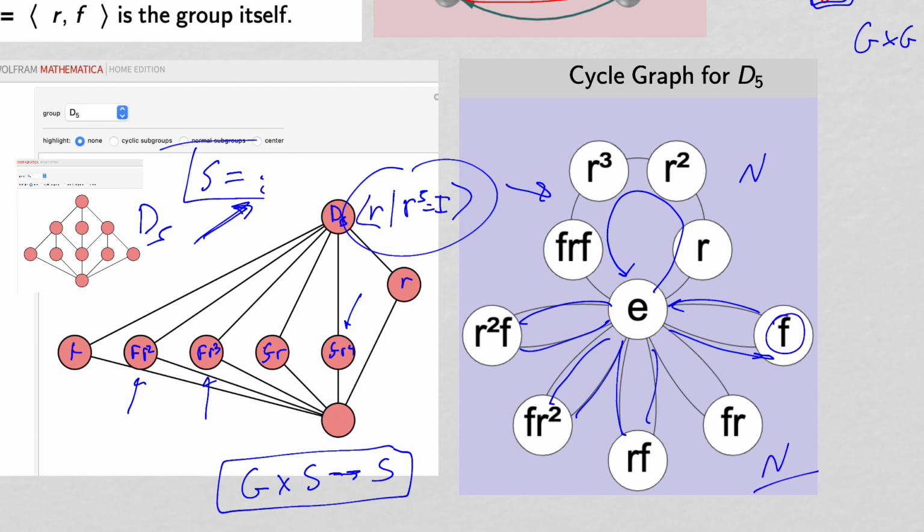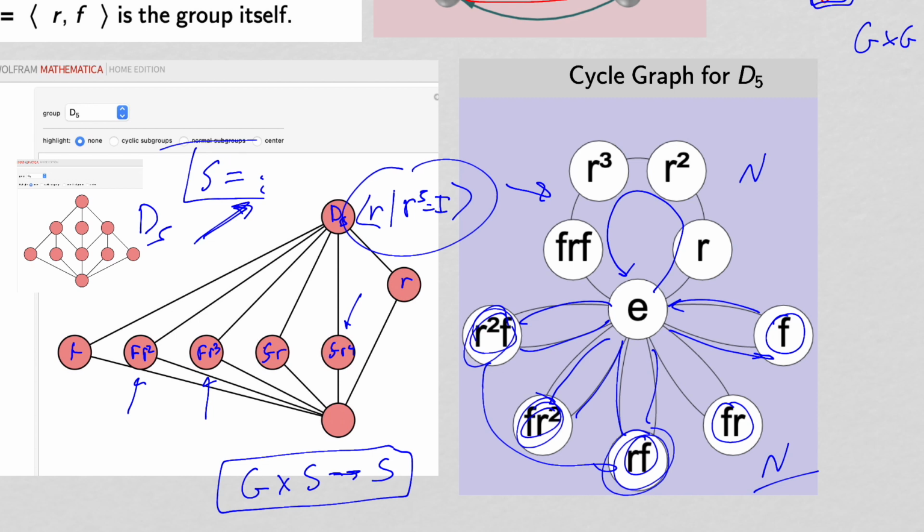One is the generator involution, and then there's one for each rotation that's possible after that. So it would be FR, FR squared, FR cubed, and FR to the fourth. I forget which one of those is which. Oh, wait a minute. This is FR to the fourth, and I think that's FR cubed.